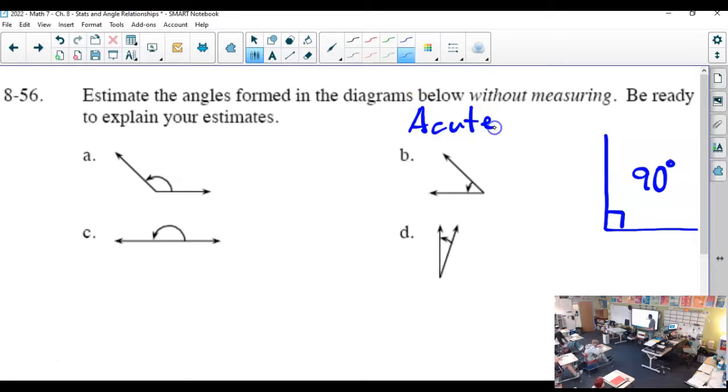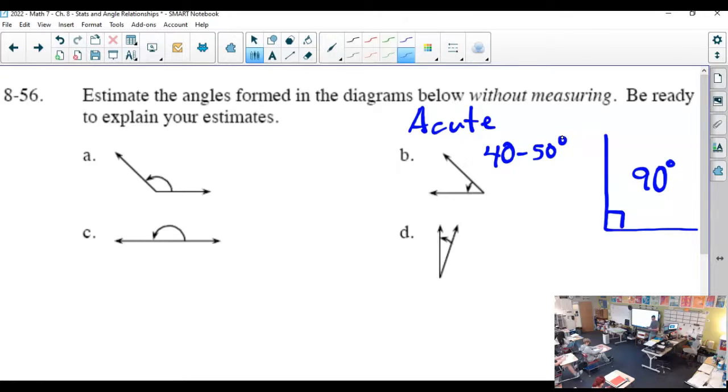But if we're going to try to estimate how many degrees it is, approximately, Mia, you want to estimate how many degrees? 50 degrees? Sure, 50. Somewhere between 40 and 50, probably. And we want to make sure we label it degrees. And we're just estimating. No risk here.